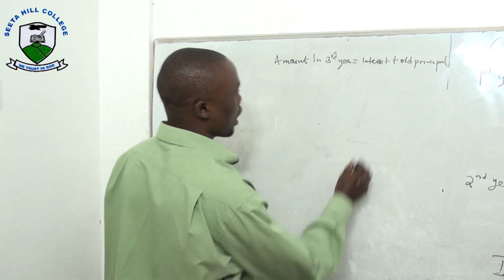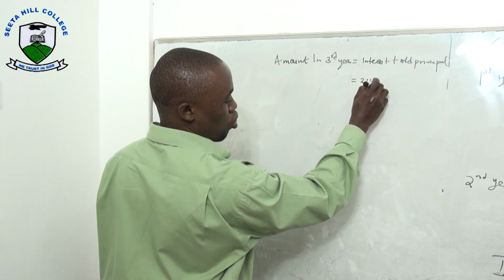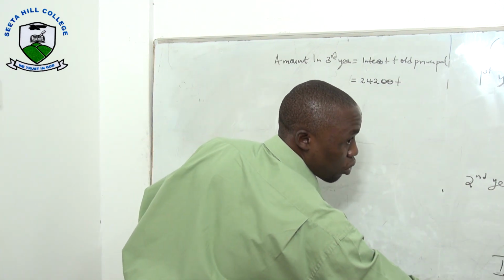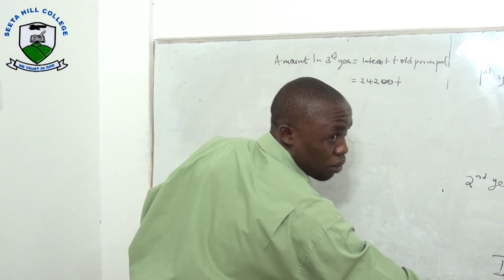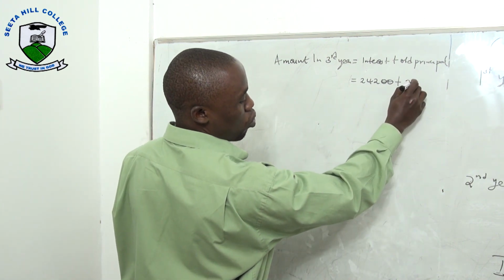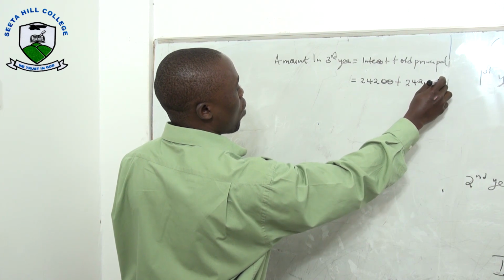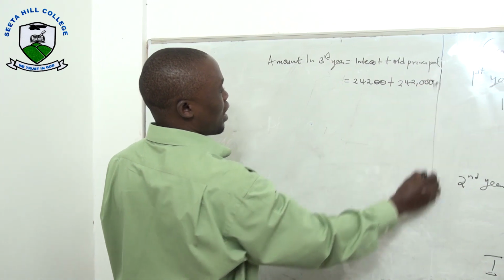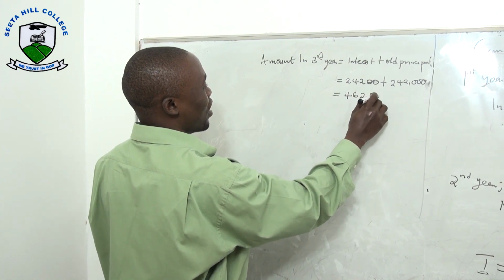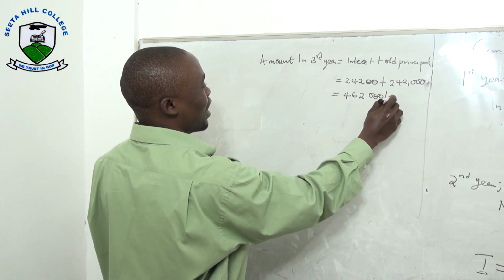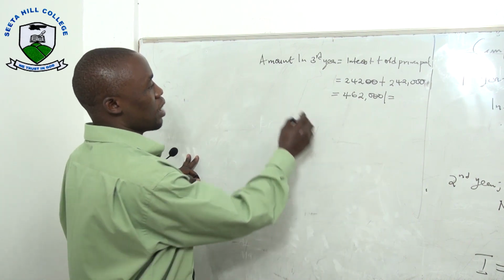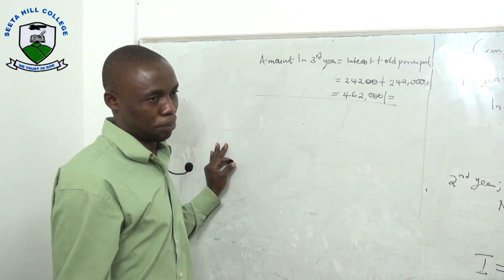The interest is 24,200 plus the old principal, which is this one, 242,000. What do you get? 266,200 shillings. Now this is the money he returns.